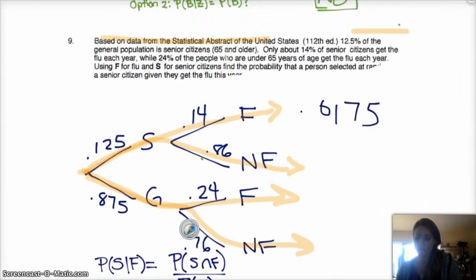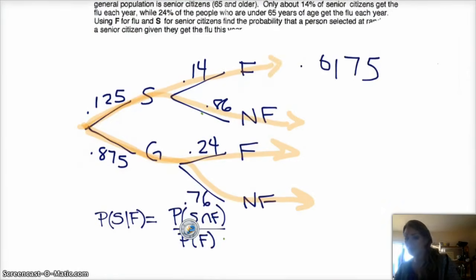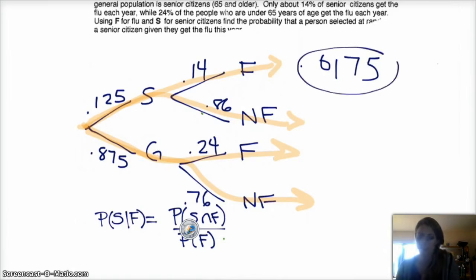So in this case it actually did help us to make a tree diagram, because we need to figure out the probability of someone being a senior and having the flu, which was that first value that I found.